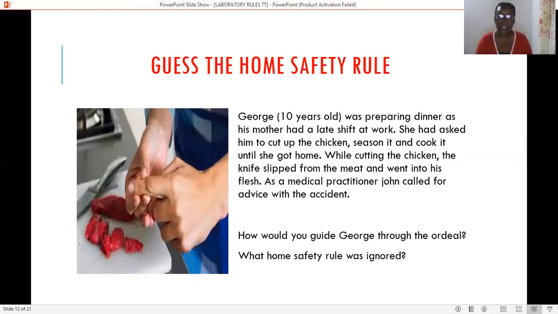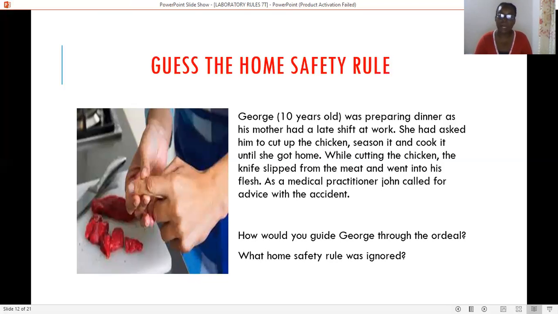But in regards to guiding George, the medical practitioner that was at the scene, we have to say that if this injury was a minor one where it just grazed the top of the flesh, well, you can just run it under warm water or tap water.